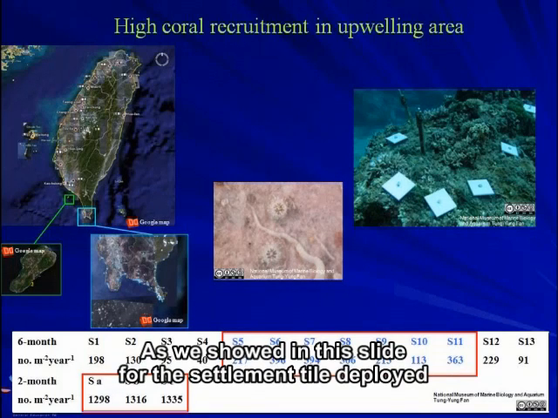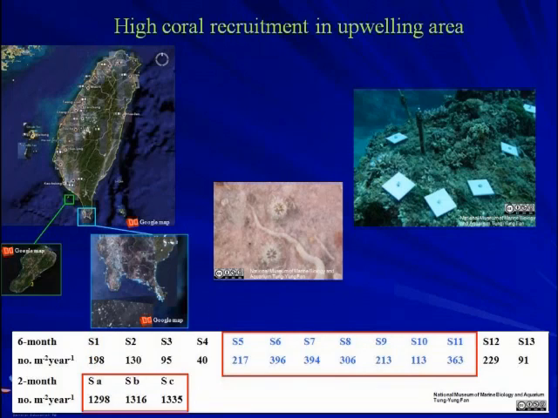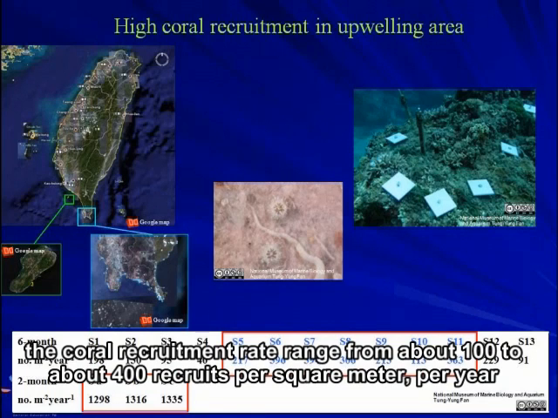As we showed in this slide, for the settlement tile deployed under the sea for 6 months in Nanwan Bay, the upwelling influenced area, the coral recruitment rate ranged from about 100 to about 400 recruits per square meter per year.